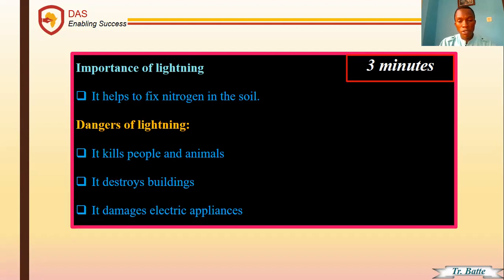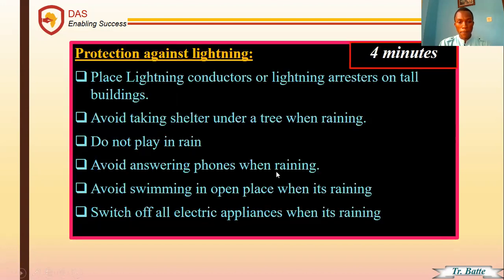It damages electric appliances. When I say electric appliances, I mean machines or devices which use electricity, be it a phone, laptop, fridge, or electric kettle, anything as long as it uses electricity. When lightning strikes, the current can pass through and reach electric appliances, hence making them damaged.